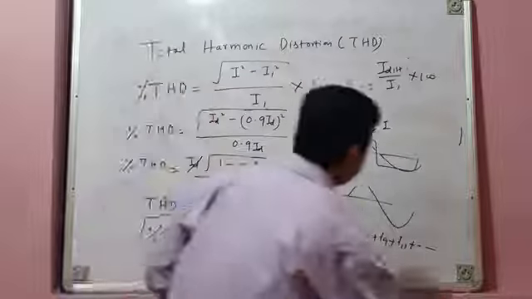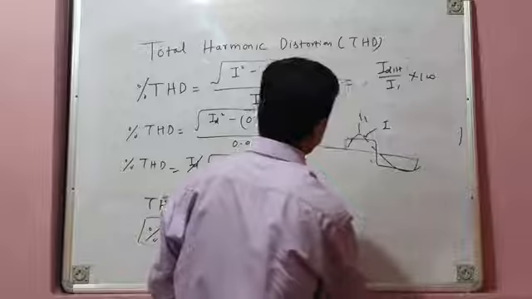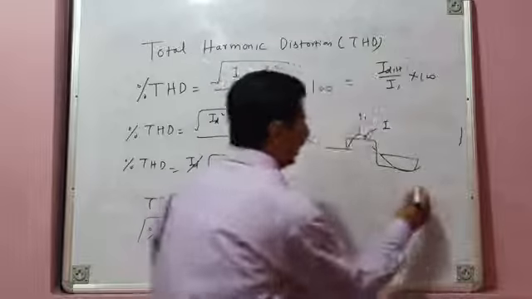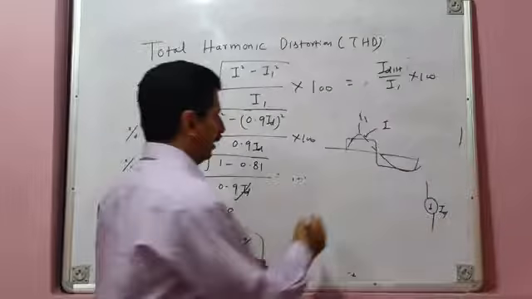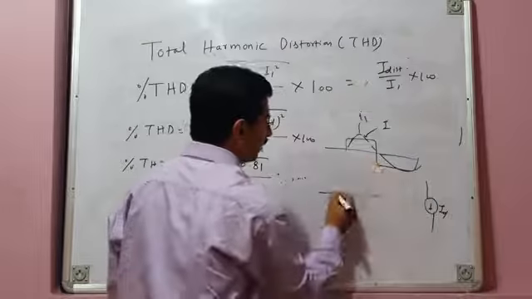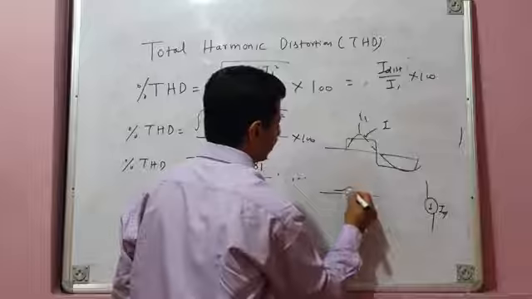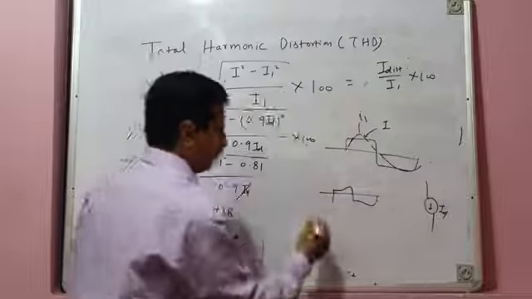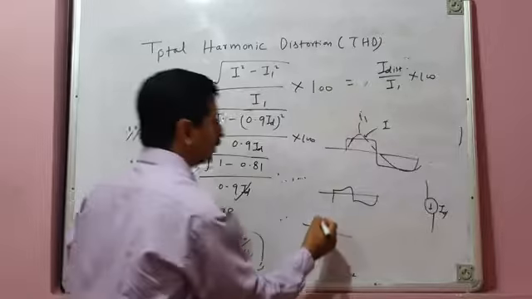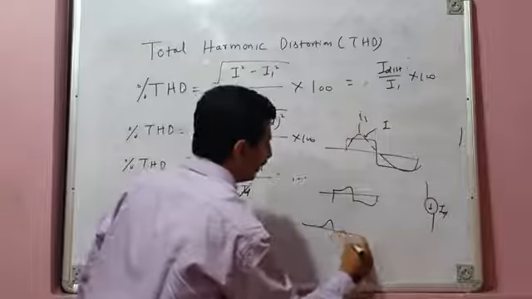But you must remember that this type of source current is drawn by the converter if you assume a sufficiently inductive load, where the load is modeled by a current source. But your source current may have this type of waveform also, as we have seen in one of the previous lectures. Or if your source current is discontinuous, then it may have this type of waveform.